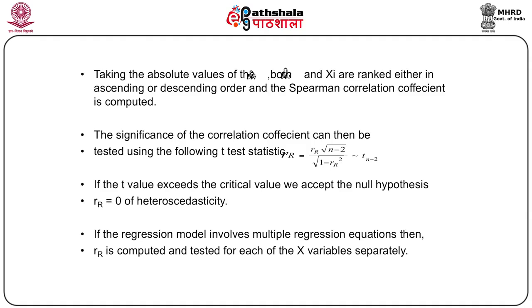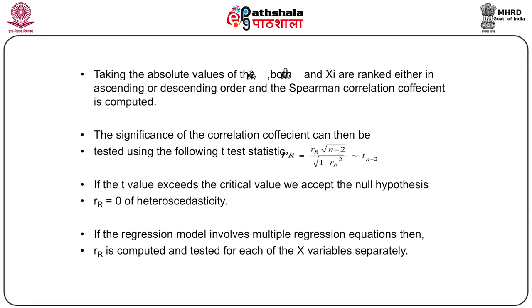The significance of the correlation coefficient can then be tested using the following t test statistic, where t equals the Spearman rank correlation coefficient r times the square root of n minus 2, divided by the square root of 1 minus r squared. This t statistic follows a t distribution with n minus 2 degrees of freedom.